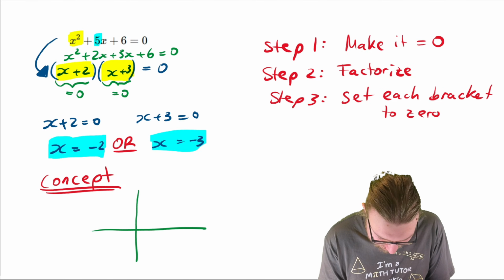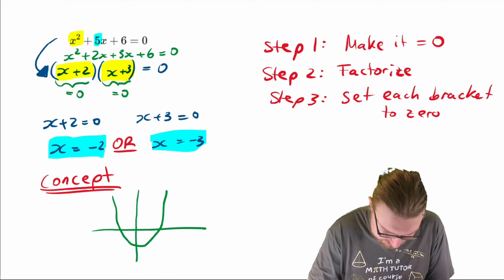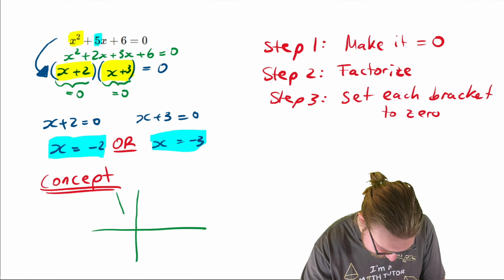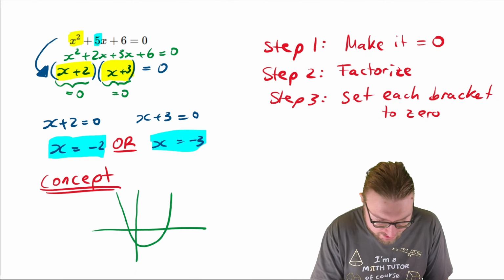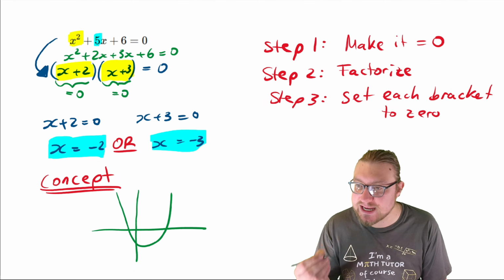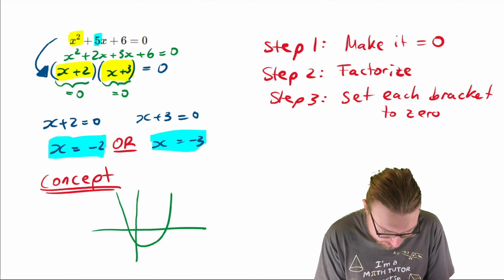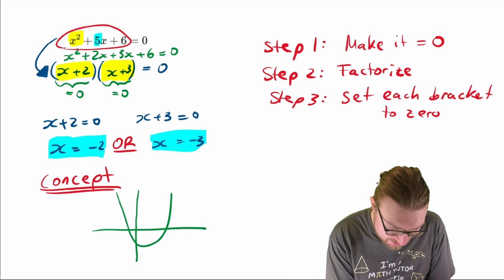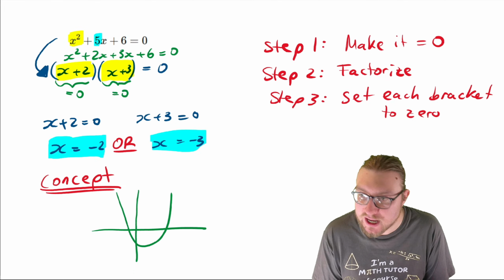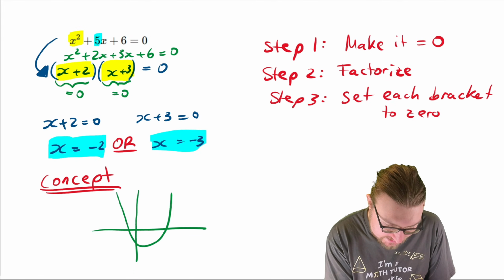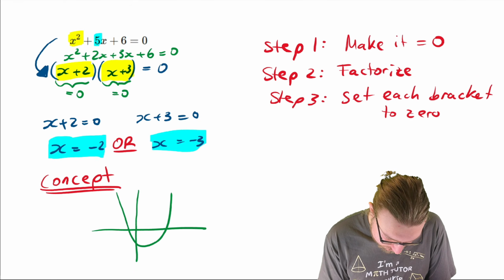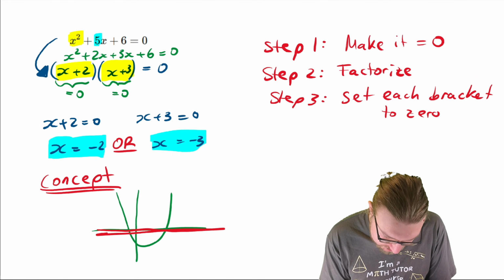So if we have a quadratic like this, sorry, it's not very nice. Oh my God, that's a terrible drawing. There you go. When we are now solving this equals 0, we have our quadratic, which was this part over here, and we set it equal to 0. You can think of this as y. That's the y. So that means we are looking at y equals 0, which is here.